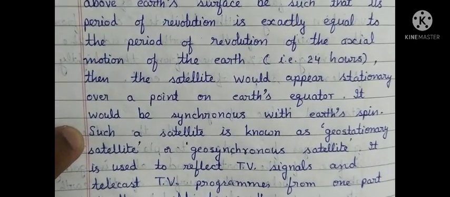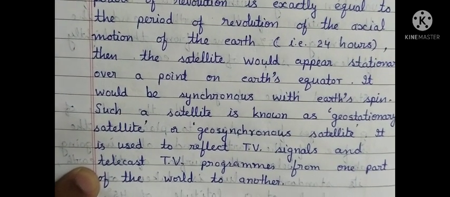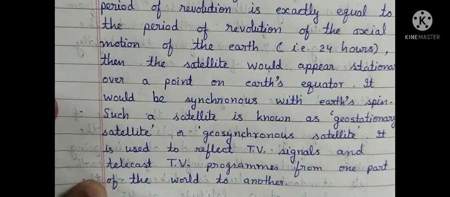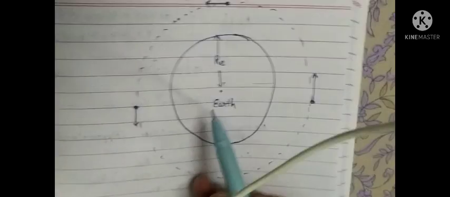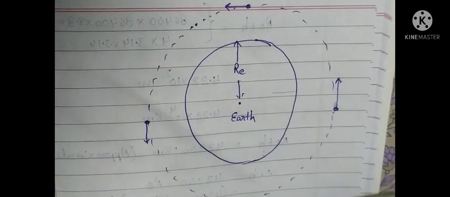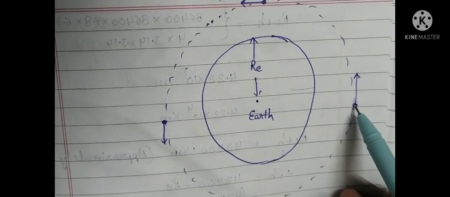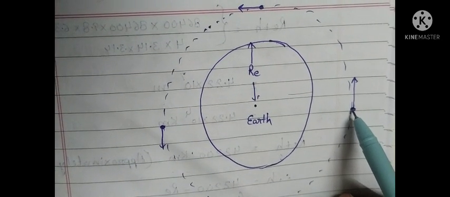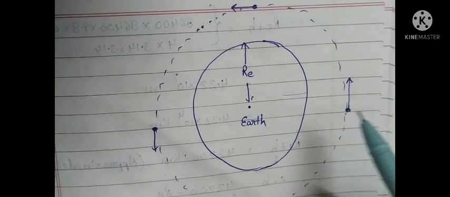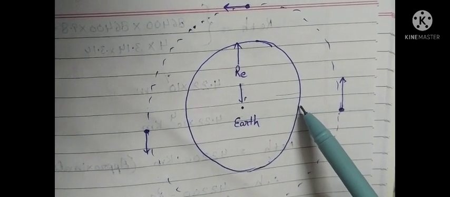It is used to reflect TV signals and telecast TV programs from one part of the world to the other part. Let this be the Earth, and this is the geostationary orbit. Now, how is it to be explained that this is a point where the satellite is to be placed? Earth rotates on its axis in 24 hours.